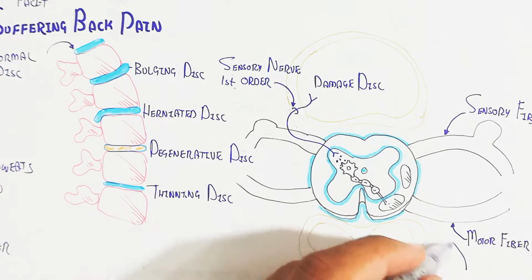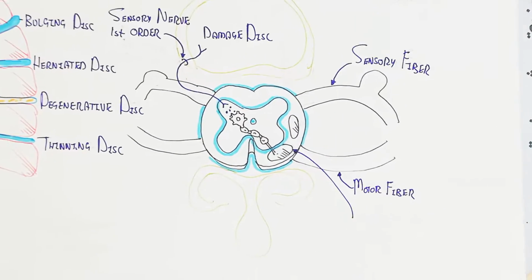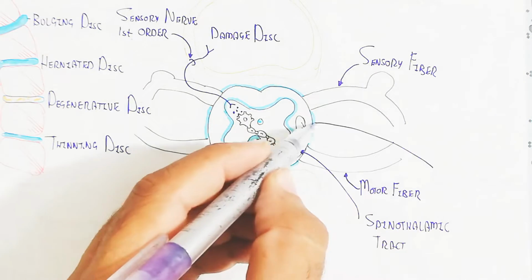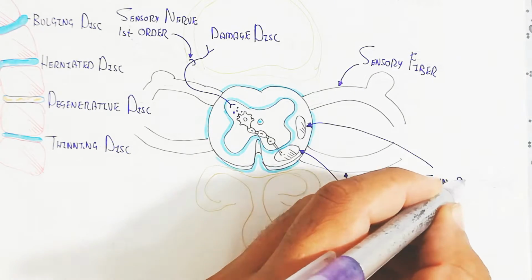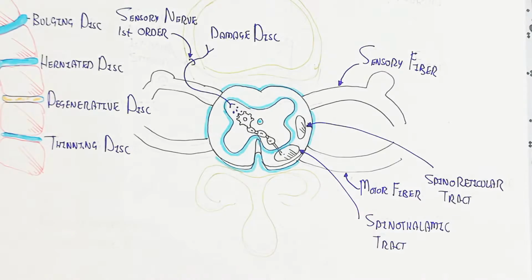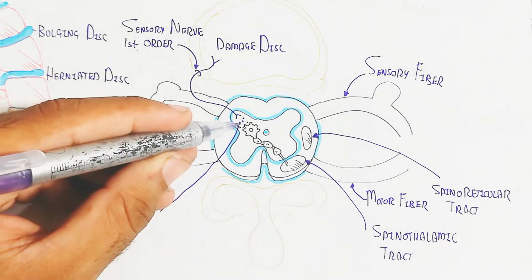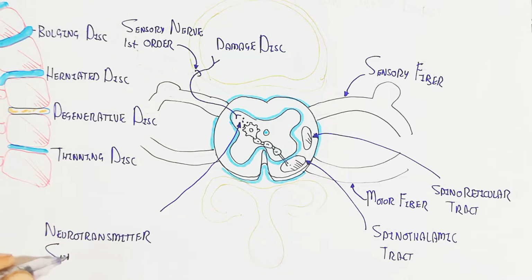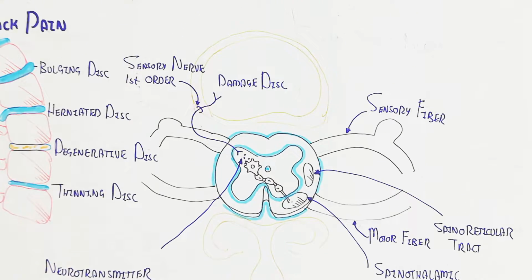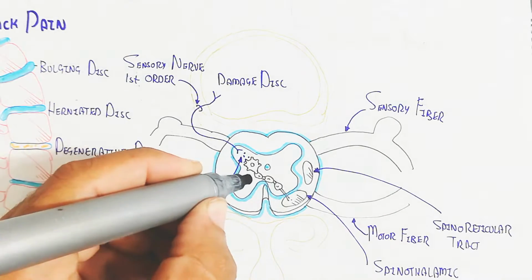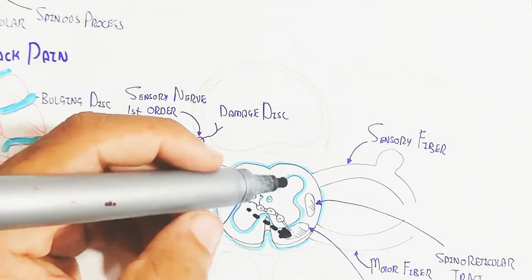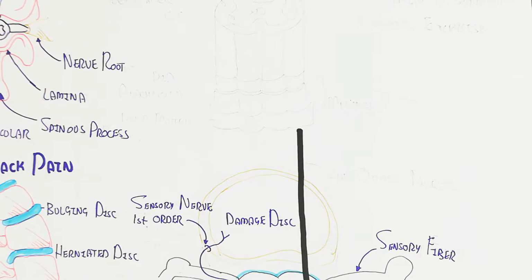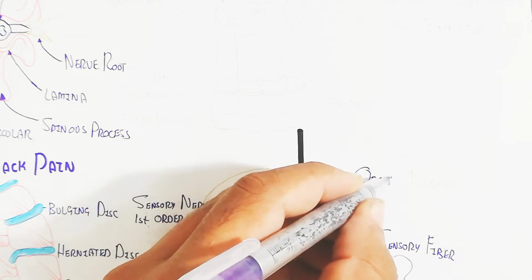This is the spinothalamic tract, and this is the spinoreticular tract. The spinothalamic tract is involved in lower back pain sensation, and also the spinoreticular tract. Here are the neurotransmitters: substance P is involved in triggering the neuron to the brain through a second order neuron, which transmits the signal through the spinothalamic tract.